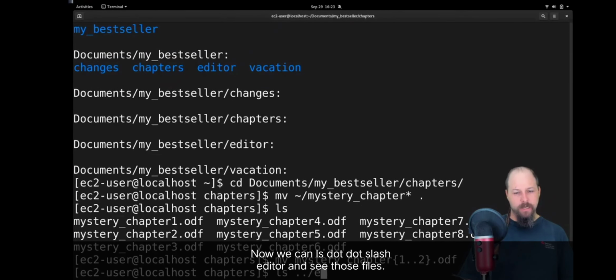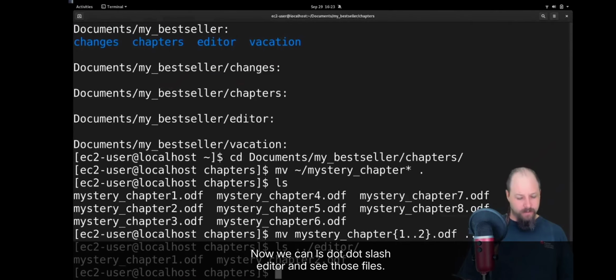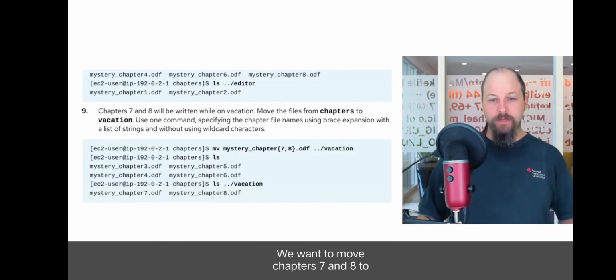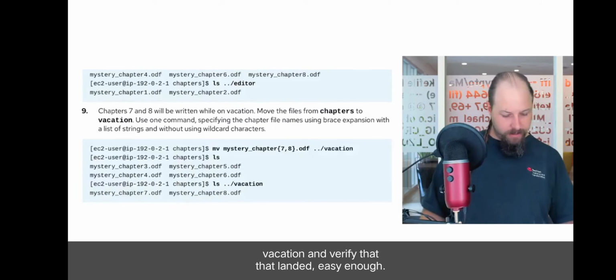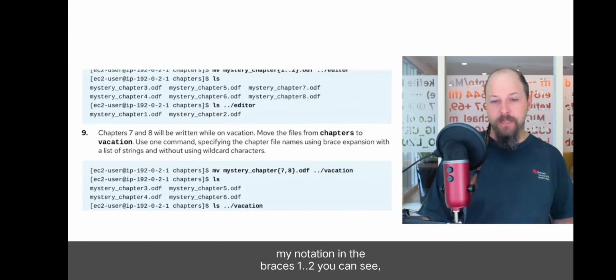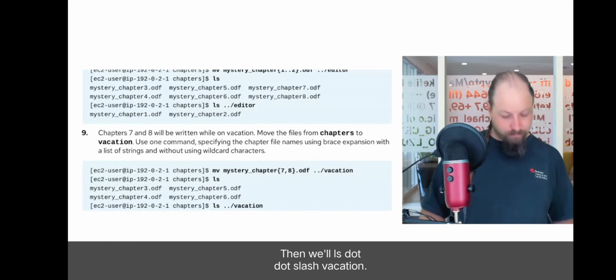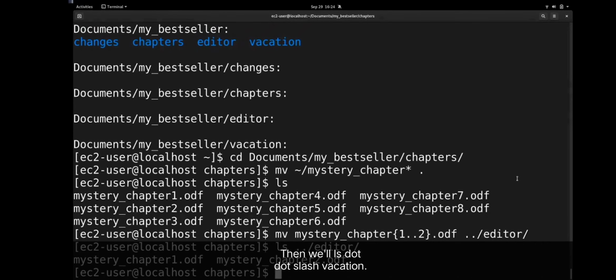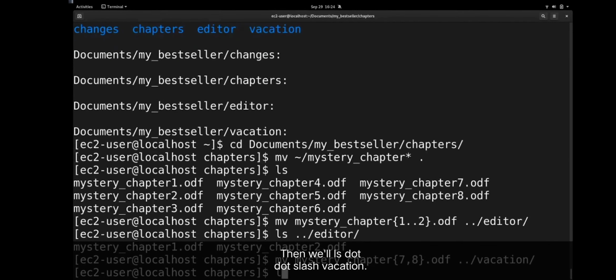Okay, now we can ls ../editor and see those files. We want to move chapter 7 and 8 to vacation and verify that that landed. Okay, easy enough. Now I use .. for my notation in the braces. 1..2, you can see. Here, I'll use a comma. Okay, and then we'll ls ../vacation.